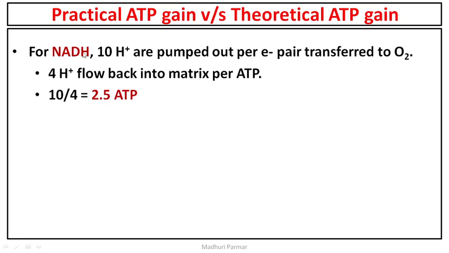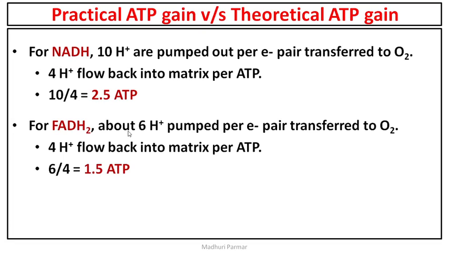You have 10 protons pumped out per NADH molecule, and per ATP molecule 4 protons are coming back. So to find out how many ATP are generated per molecule of NADH, you just divide 10 by 4. So 10 by 4 is 2.5. So per molecule of NADH, 2.5 molecules of ATP should be produced.